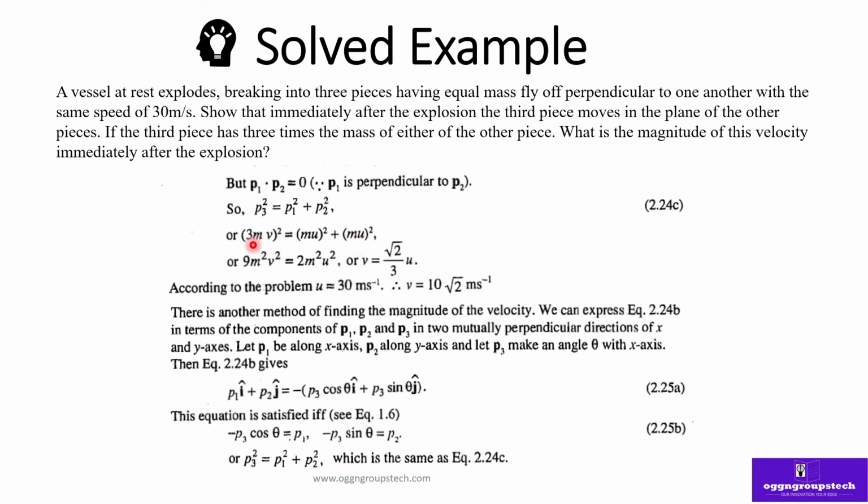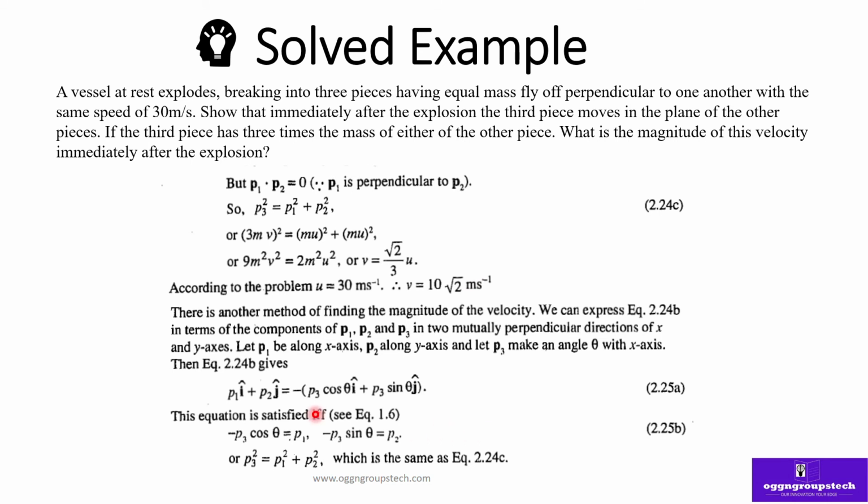So what we are getting here is 3 square, so it is 9m square v square, which is equal to, these are 2, so this becomes 2m square u square. So in this case what do we get for v? m cancels, so v is equal to square root of 2/3 into u. So if, based on this problem, we substitute the initial velocity 300 meters per second, then what velocity do we get? 100 square root of 2 meters per second.